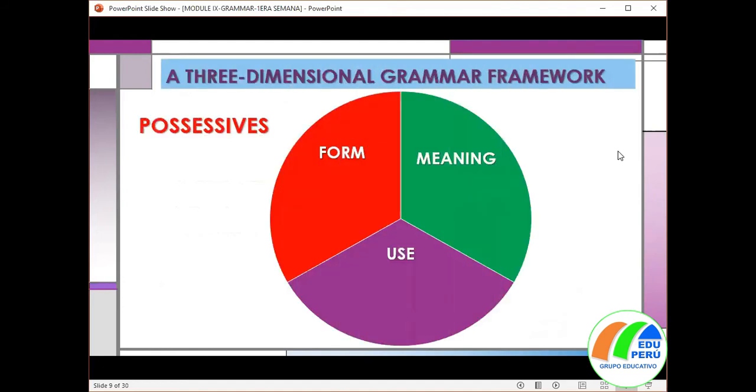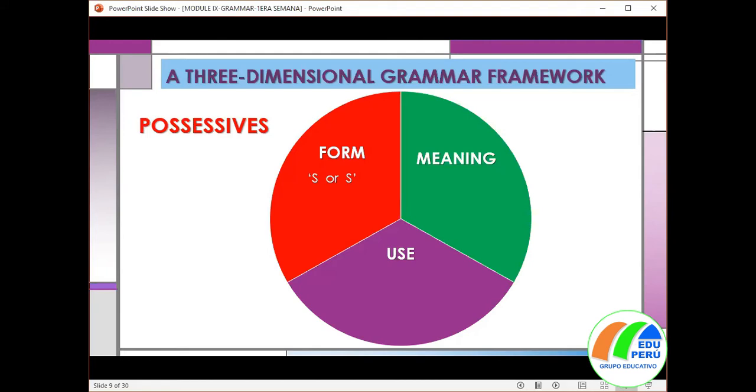For example, let's take this grammatical structure. This is one of the basic structures in the English language, the possessives. How do you make the possessives? We use the famous genitive, the apostrophe s or s plus apostrophe.